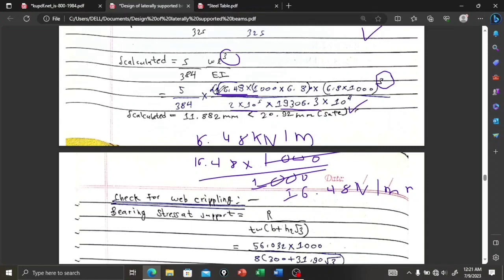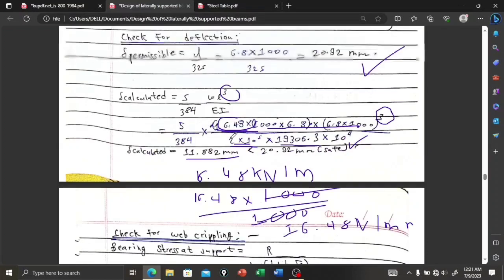This is in Newton, and all the other values are in millimeter, so this must come in millimeter. So this is less than this, so safe.